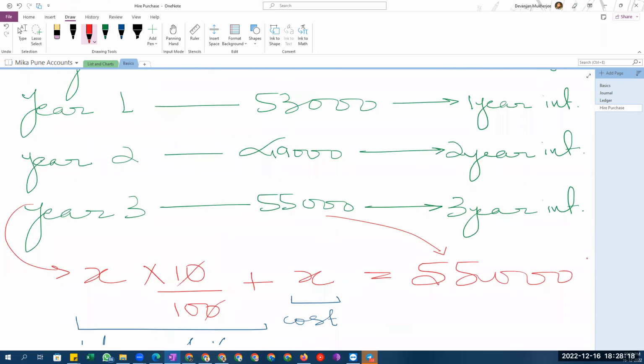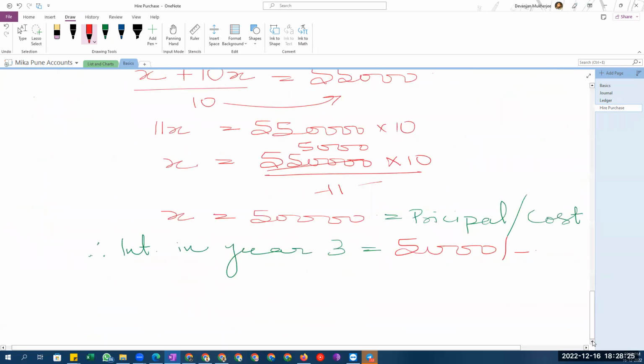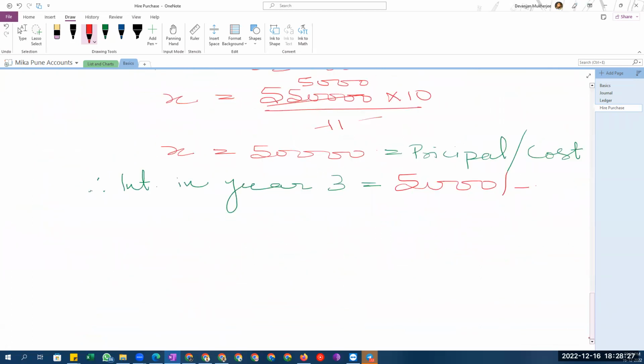Now, if we go back, go up, that would mean that if we add it up, so now outstanding for the previous year. So next part will be previous year outstanding balance.